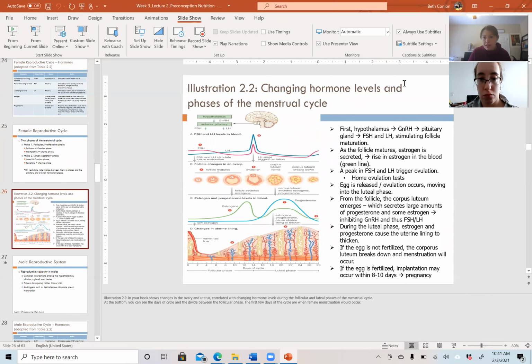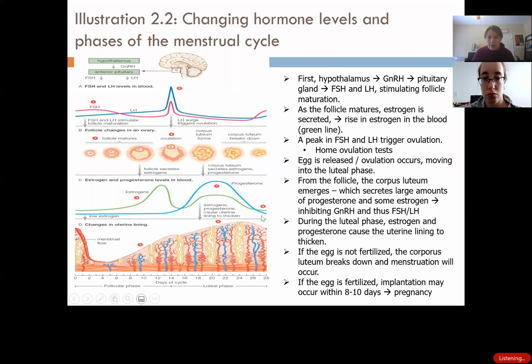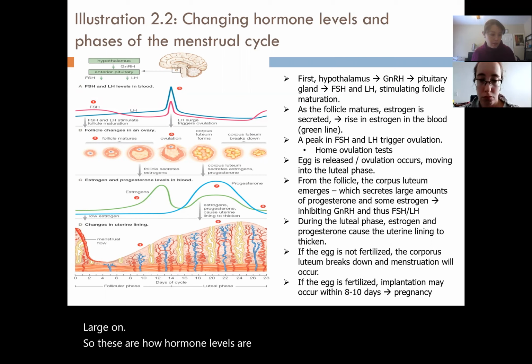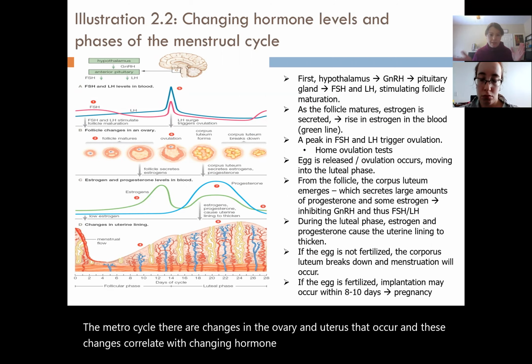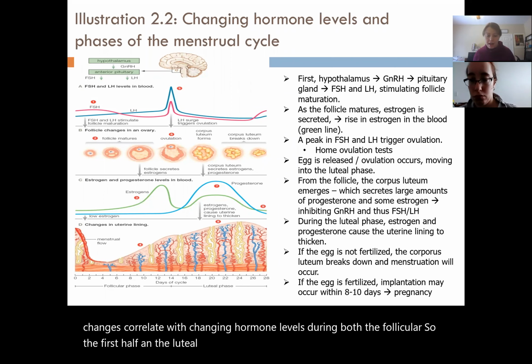And we can see that here in this chart, which I'm going to show large. So these are how hormone levels are influenced during the menstrual cycle. There are changes in the ovary and uterus that occur, and these changes correlate with changing hormone levels during both the follicular, so the first half, and the luteal phases, so the second half.